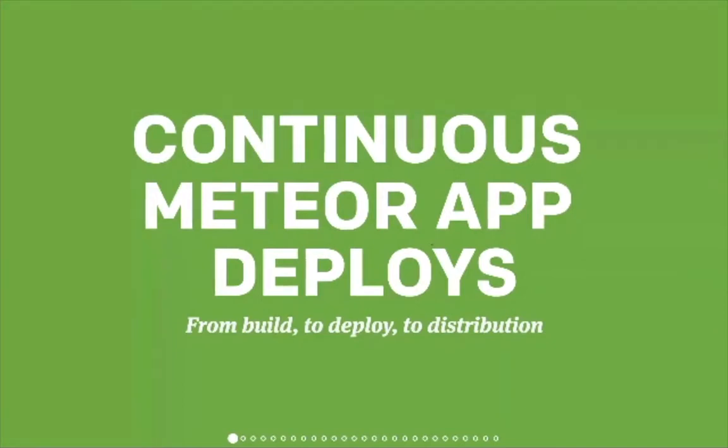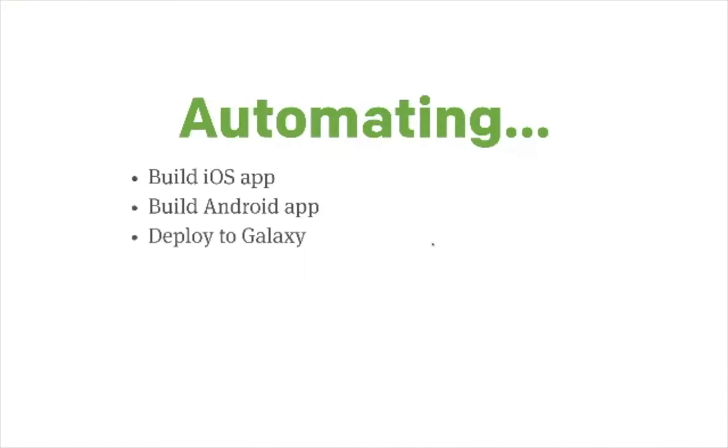All right, so today I want to talk to you about continuous Meteor app deploys. Specifically, I'm talking about using Meteor, Cordova, and the Meteor build tool to automate the process of building an iOS app, building an Android app, deploying to Galaxy, so getting your server onto Galaxy, deploying to Hockey, which if you're not familiar with, is a way of distributing alpha and beta versions of your app.